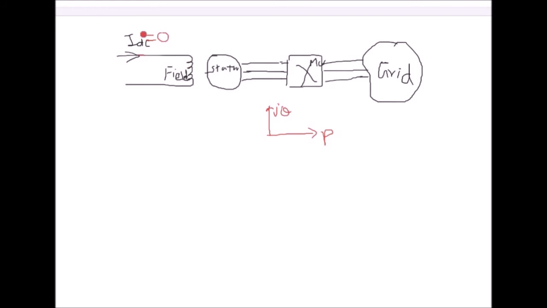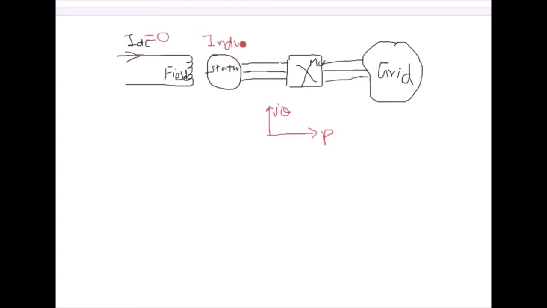Due to this loss in the field winding current, the rotor speed slightly increases, and due to this the alternator runs as an induction generator.